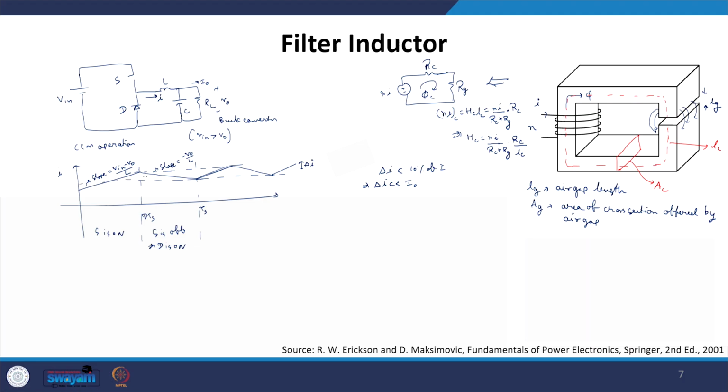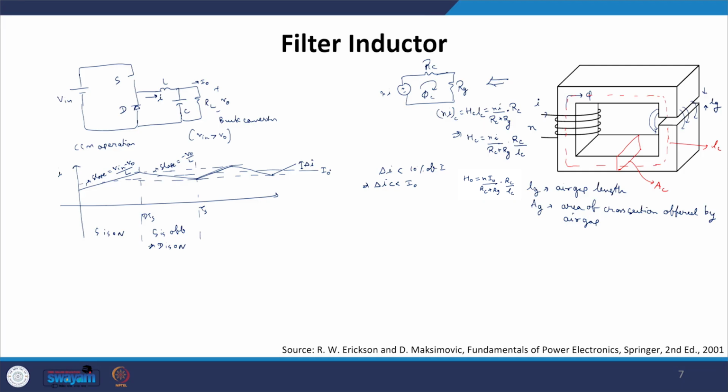If we take the average value of this current, it is I naught, and thus we can obtain the H naught value corresponding to the average inductor current, which is N I naught by Rc plus Rg times Rc by Lc.